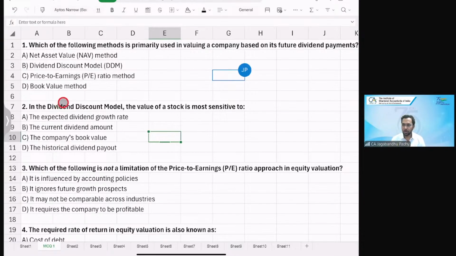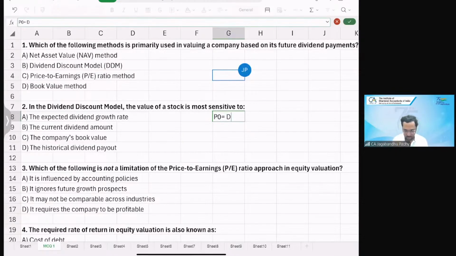So the second one. In the dividend discount model, the value of the stock is most sensitive to the expected dividend growth rate, the current dividend amount, the company's book value, or the historical dividend payout. The expected dividend growth rate.